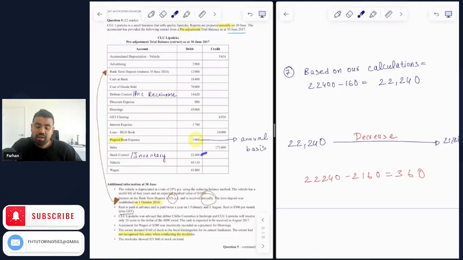And then we are subtracting the $160, which we have donated to the kindergarten. Based on that, we are left with $22,240 as the inventory that we should have in the books.